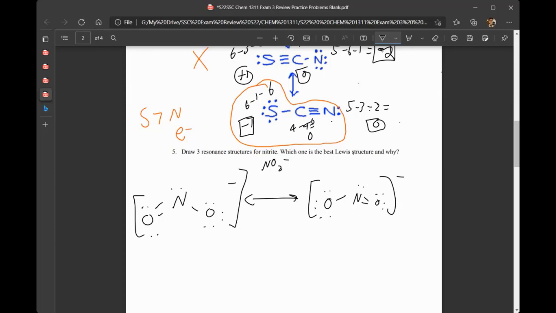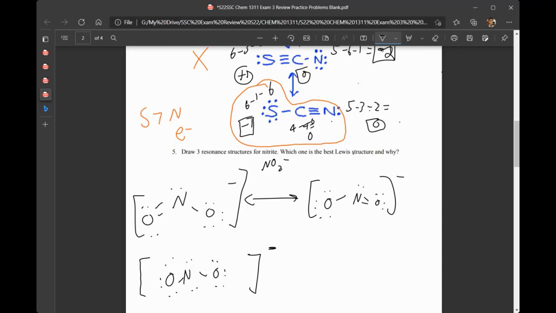We can think of another one too. Instead, we can also do this structure. So we have one with double bonds and one with just single bonds.